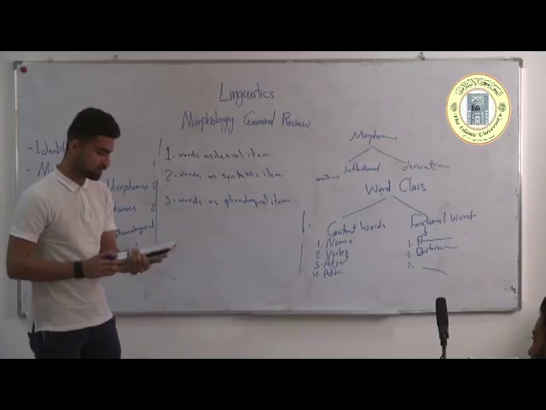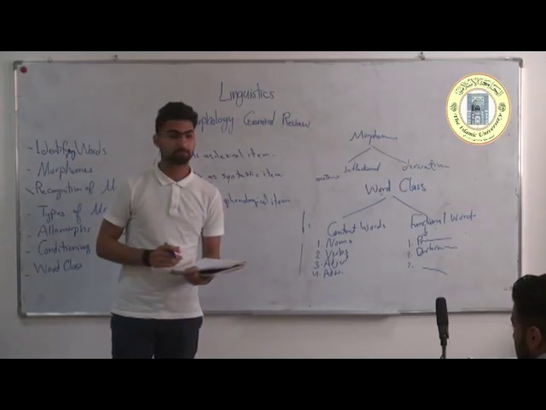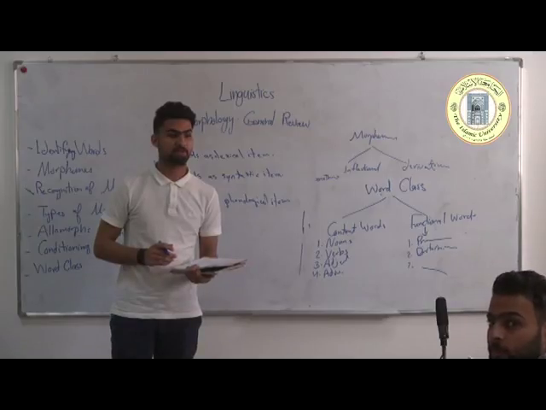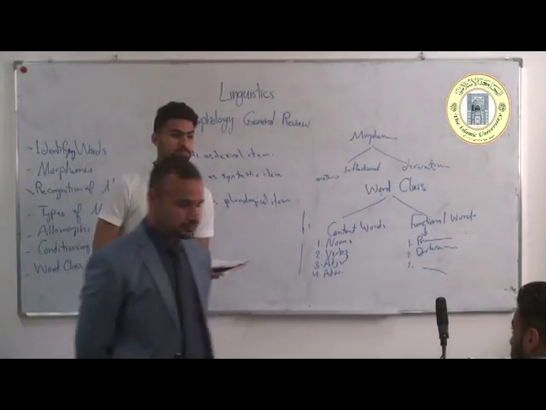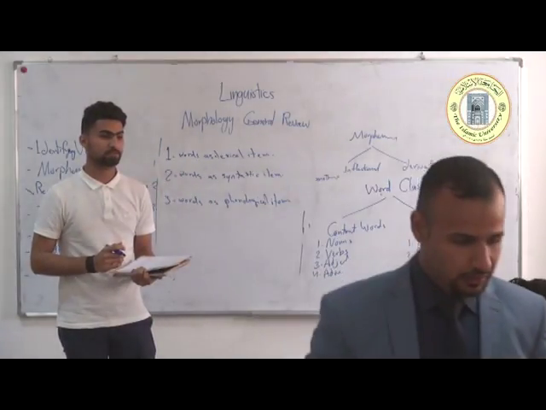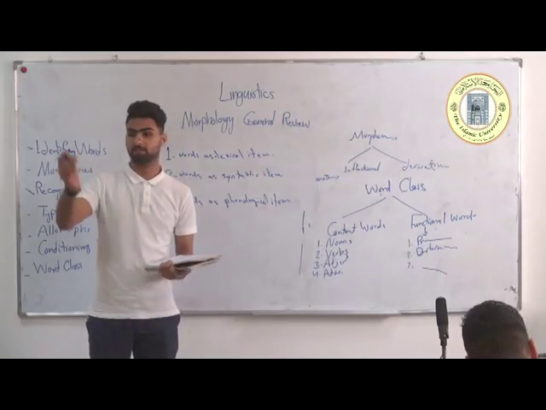And now we have the morpheme. Do you have any idea about the morpheme? How many branches do we have on morpheme? Yes, the morpheme is the smallest unit of sound that distinguishes meaning in a particular language.